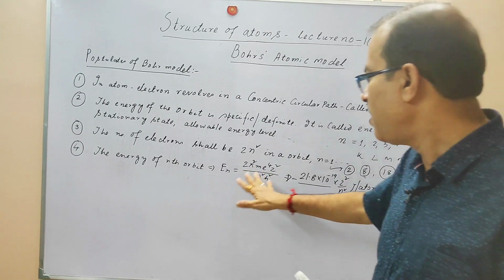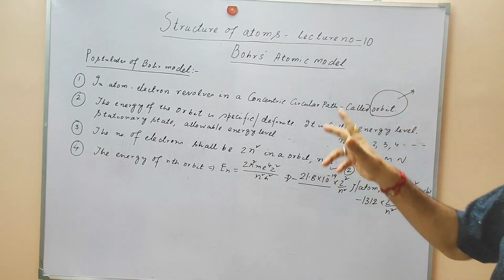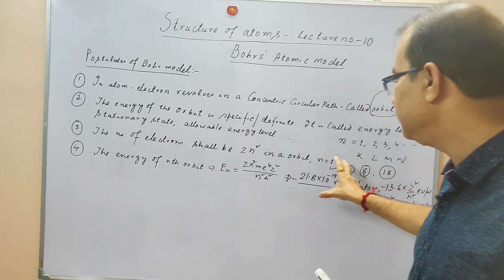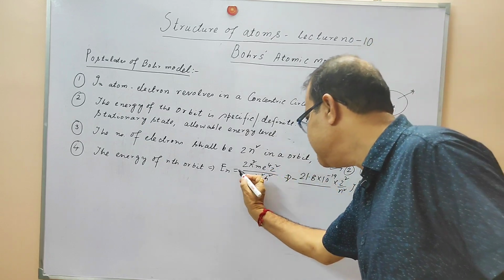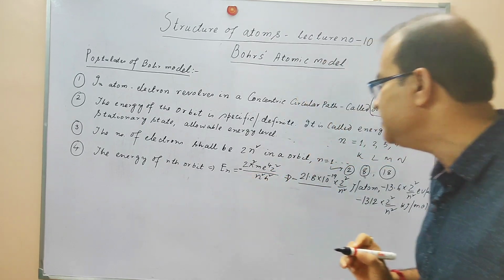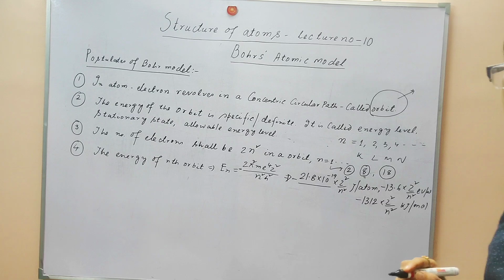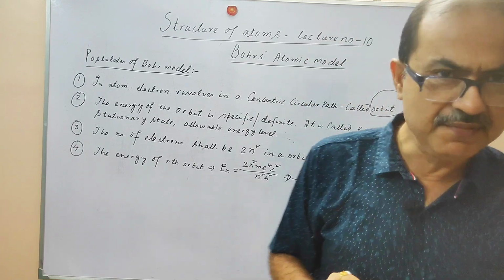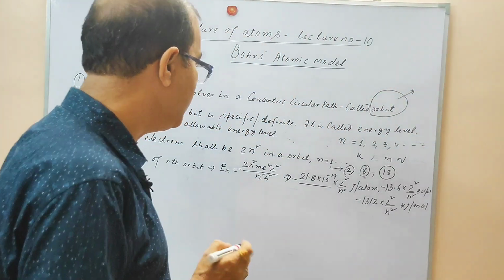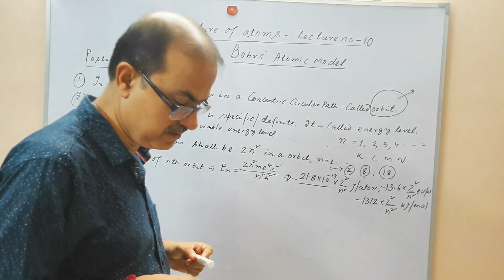So we understand what the energy of the nth orbit is, and it is given by this. You can see there is a negative sign in the energy term. Why is it so?